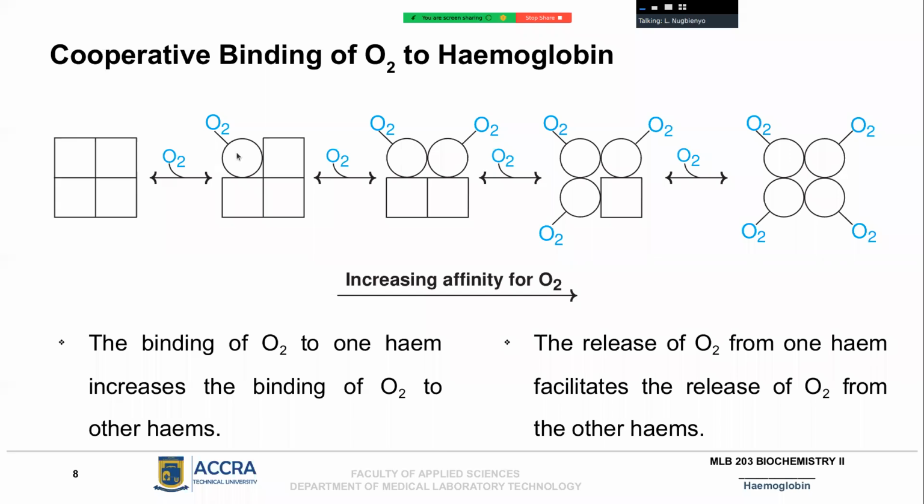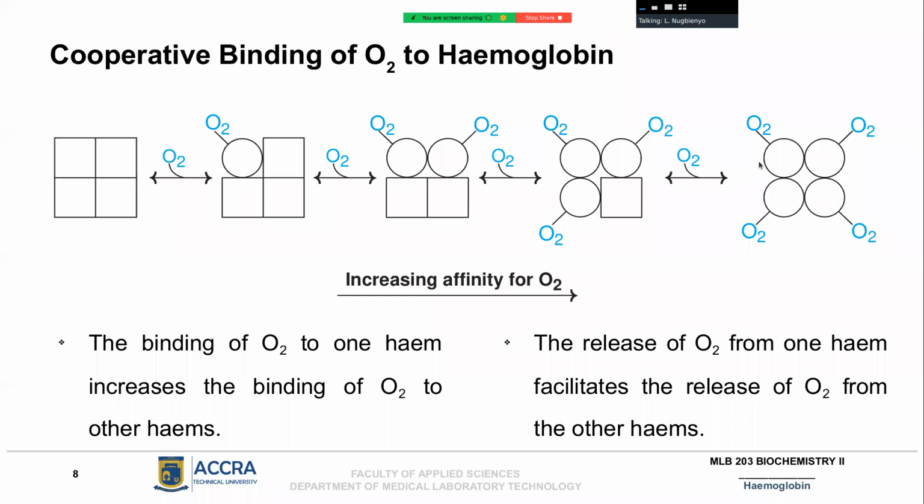Now you realize that when one molecule of oxygen comes to bind to one of the heme molecules in hemoglobin, that increases the affinity of hemoglobin to oxygen, and it goes in for the second, and the affinity increases the more to go in for the third, and also for the fourth, for hemoglobin to become fully saturated, become an oxyhemoglobin.